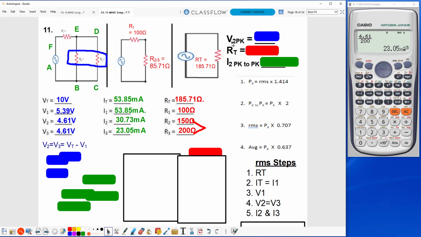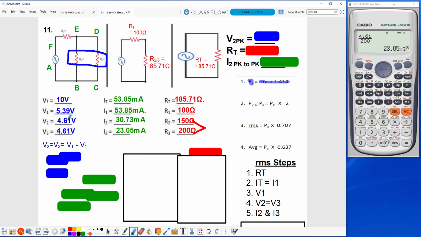All right, so I need V2 peak. I'm going to take my V2 of 4.61. I am looking for peak, and peak is equal to the RMS value times 1.414.